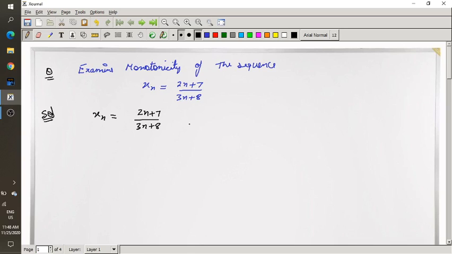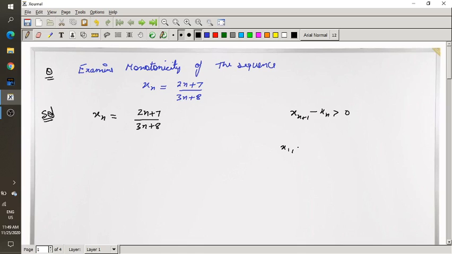Here we will apply the definition of monotonicity. As we know, if xn plus 1 minus xn is greater than 0, that means if the later term minus the previous term, if its difference is positive, then obviously the sequence is increasing.